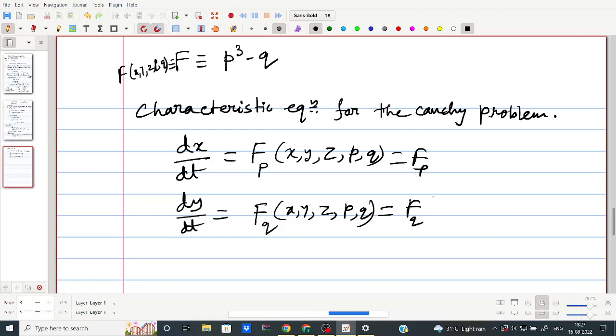You already know the formula, so you just have to differentiate F, and you get the answer. Let me solve 5 first, then I will move to 6. Question 5: which one of the following is the characteristic direction at the point 2, minus 1 by 27, 4? Let me write the point.